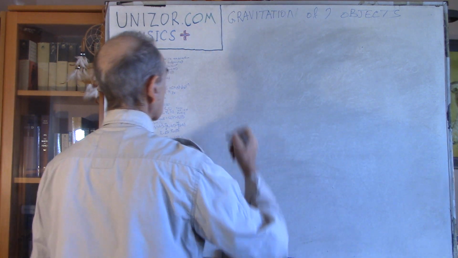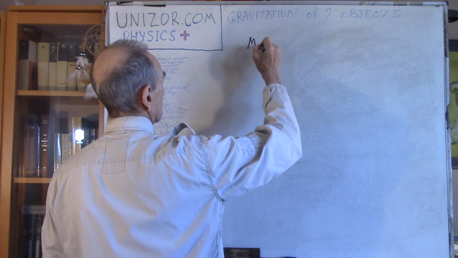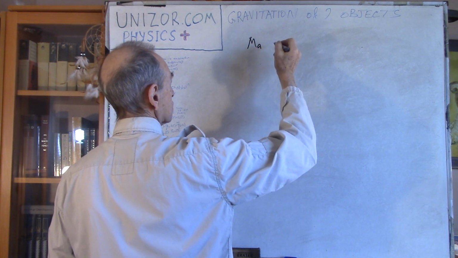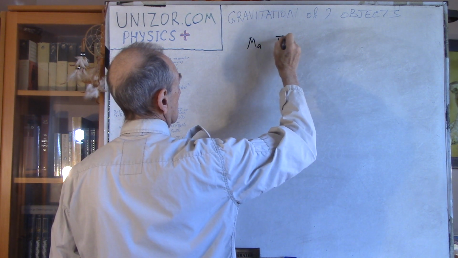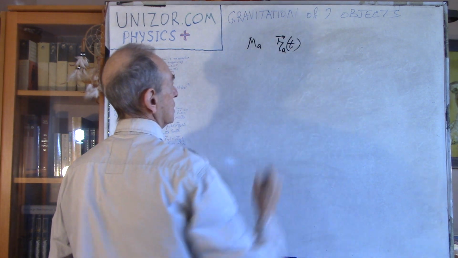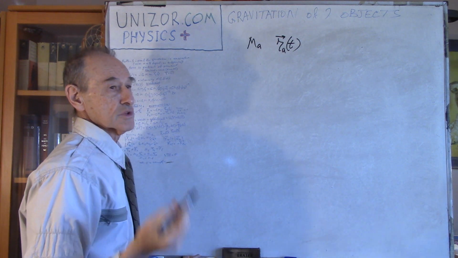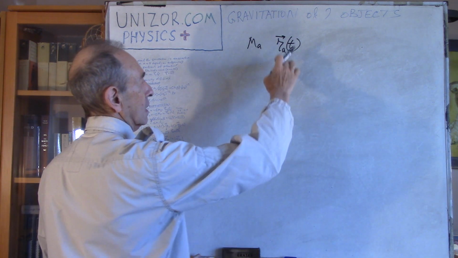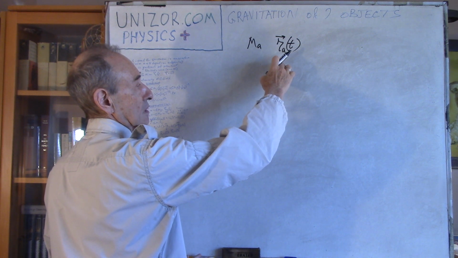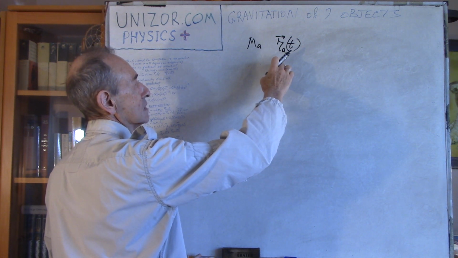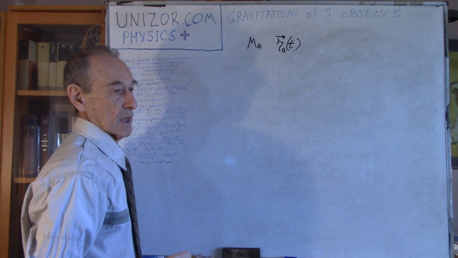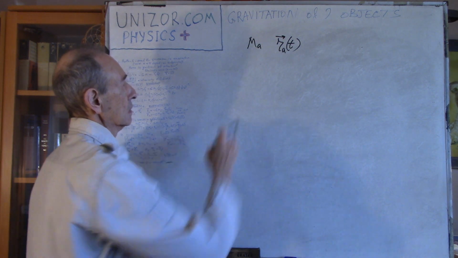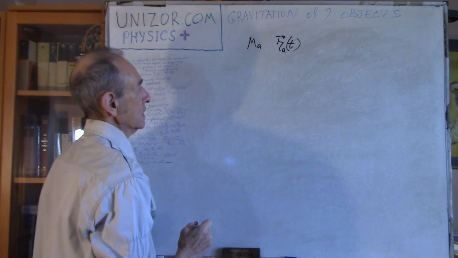So if you will take one object, MA, and its position would be RA depending on T. Position relative to some coordinates, and R is a vector from the origin of these coordinates to a point where this particular mass is located.